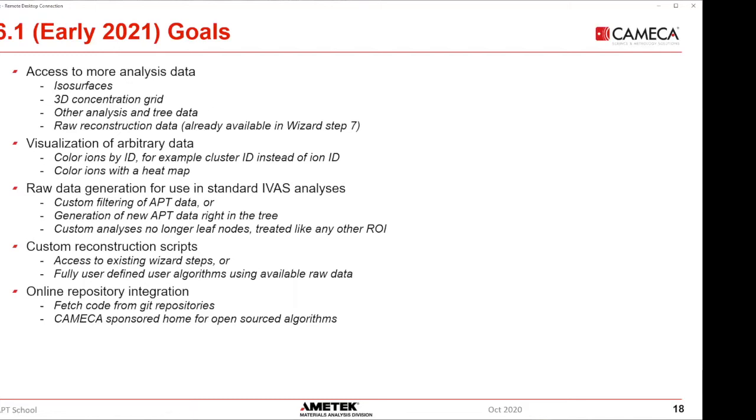When I talk about reconstruction features, this is one of the things that is not in the Lite version, but you'll be able to have scripts that access sort of the wizard steps. So if you wanted to automate choosing ranges, or if you wanted to run experiments where you change the image compression factor 10 different times and compare the results, you can do that with reconstruction scripts.